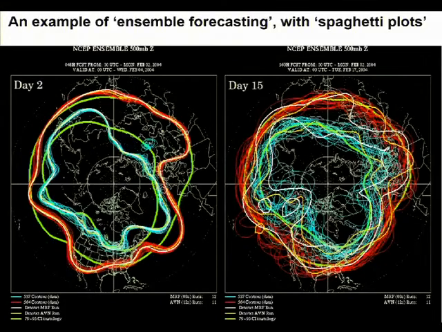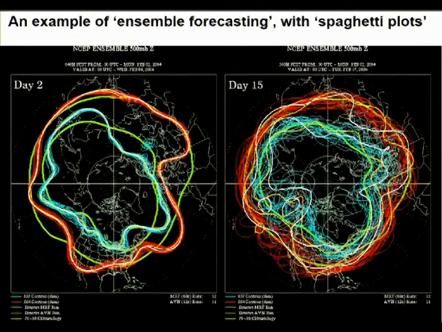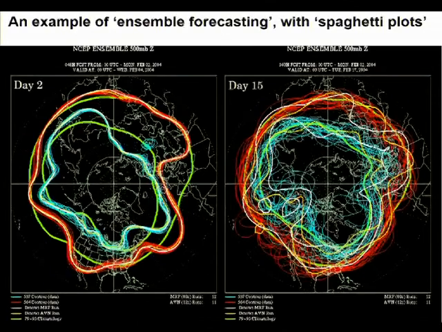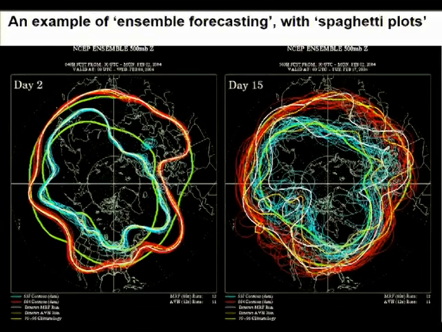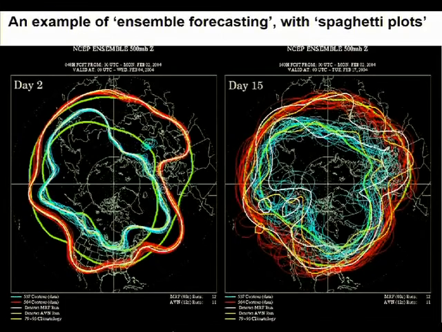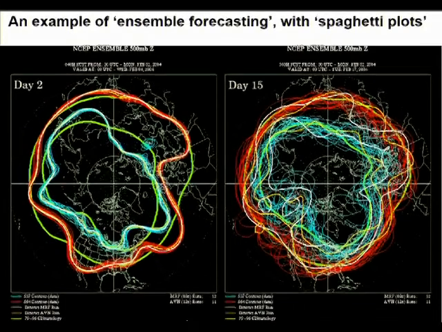Okay, so here's an example of what I mean by ensemble forecasting. Here on the left, let's go over all the lines. Our green here is our climatological value, the mean value you'd expect to see from looking at the past.